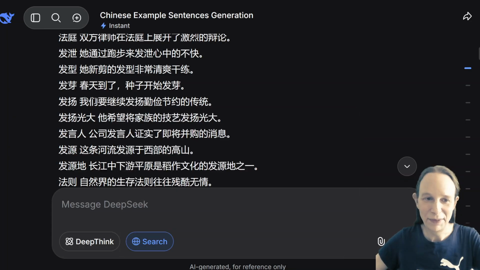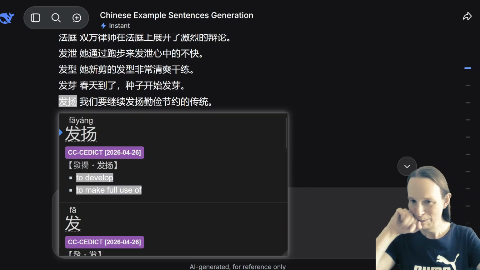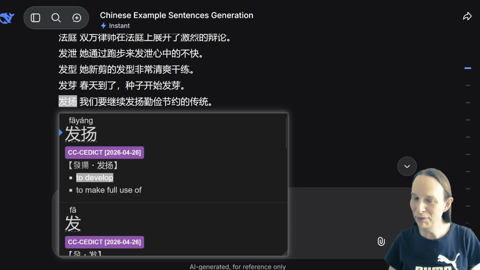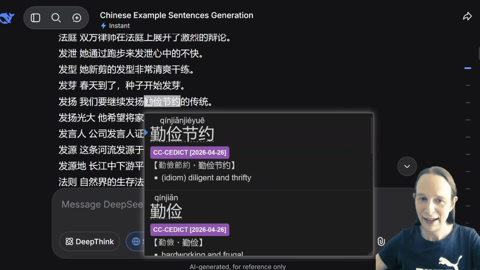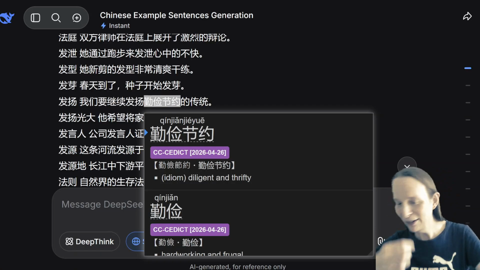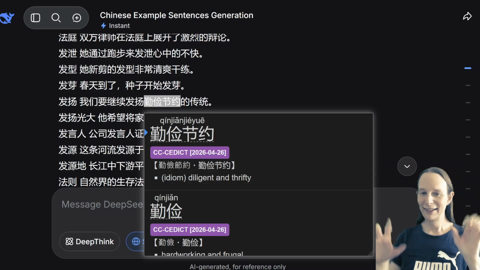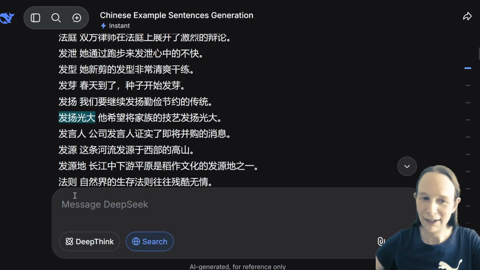There's another usage, but I think 发扬, yeah, there's more to it. There's also a level of promoting this. Yeah, so with this example here, 勤俭节约, you're promoting this. It's not just you're doing it and that's it, right? We're doing it together. Anyway, oh look at that. 发扬光大.